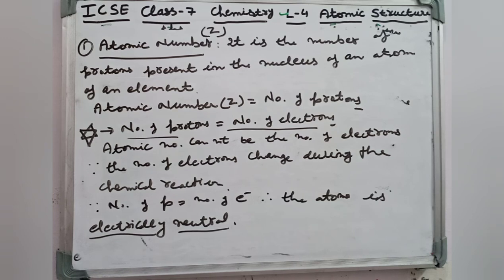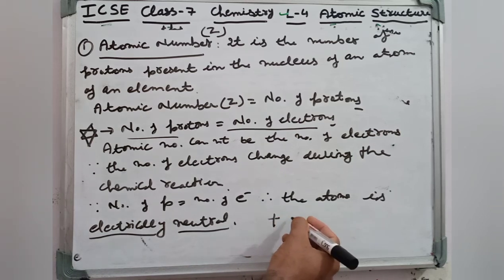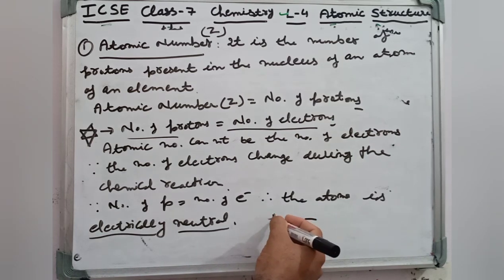Electrically neutral means there are two charges, positive and negative. The thing neither containing positive nor negative, equal number of protons and electrons, becomes electrically neutral, right? So the number of positive charge becomes equal to the negative charge.